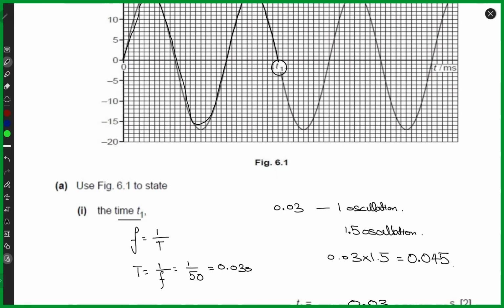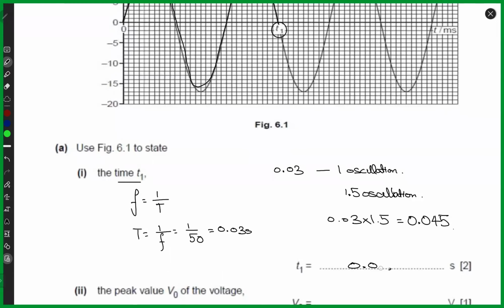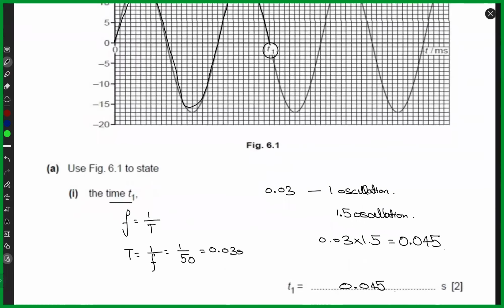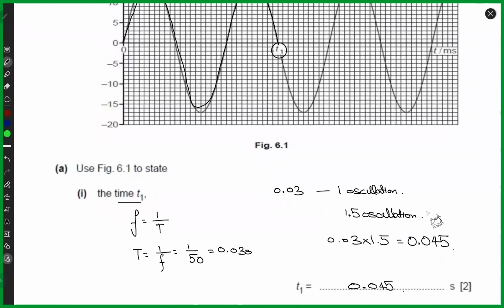So this time t1 will be 0.045. Okay, is this understood? Yes, sir. Right. Okay.